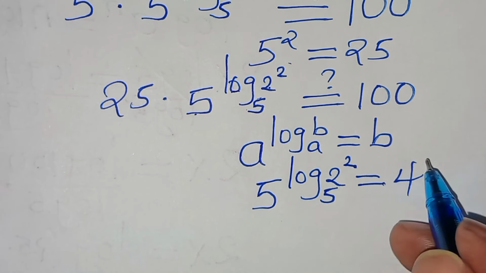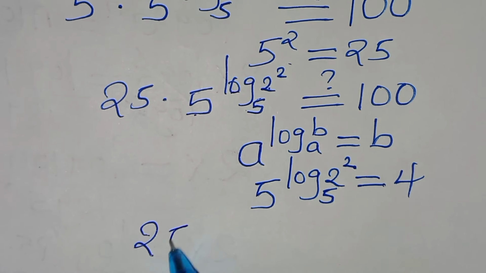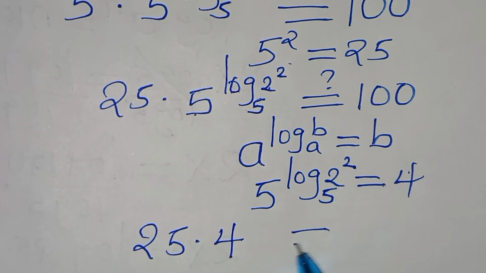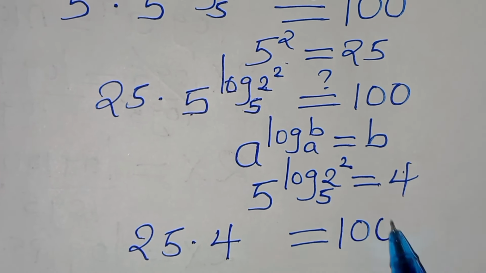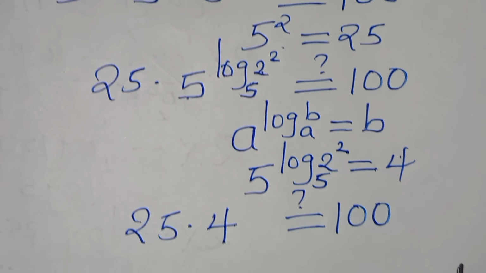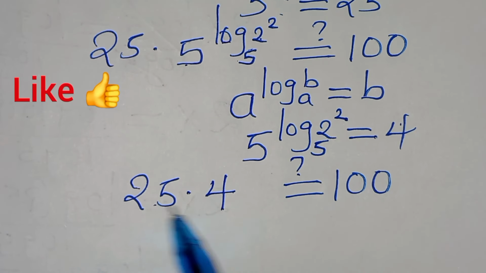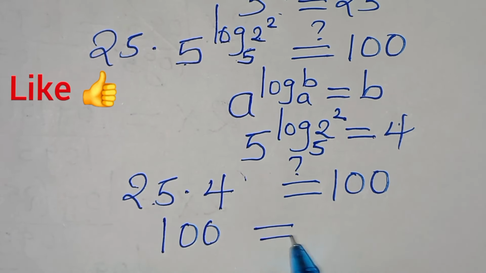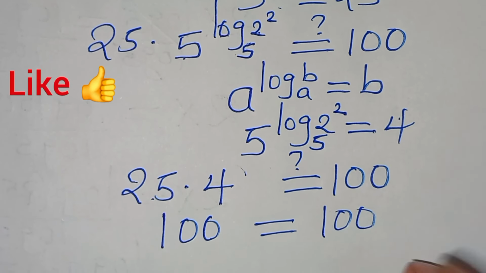Let's substitute this, so that we have 25 multiplied by 4. This is supposed to give us a value of 100. So 25 times 4 is equal to 100, and this is equal to 100.